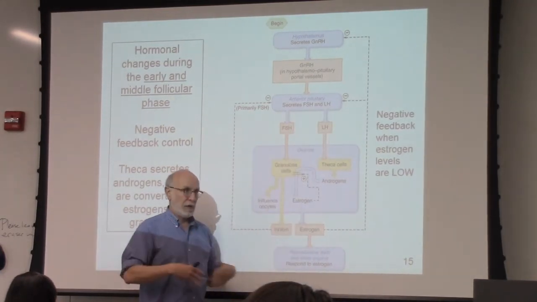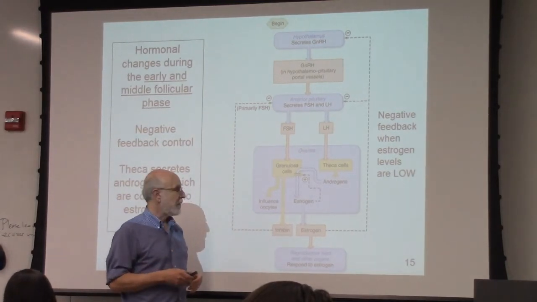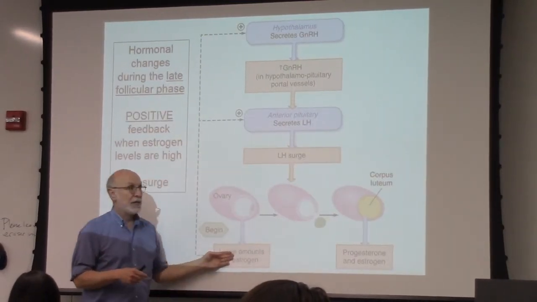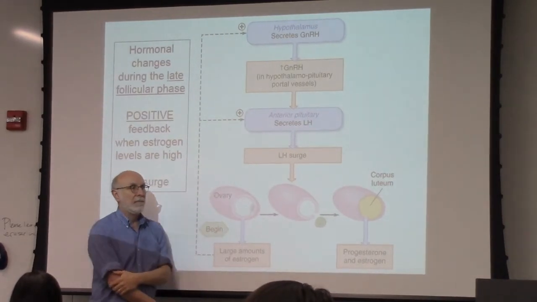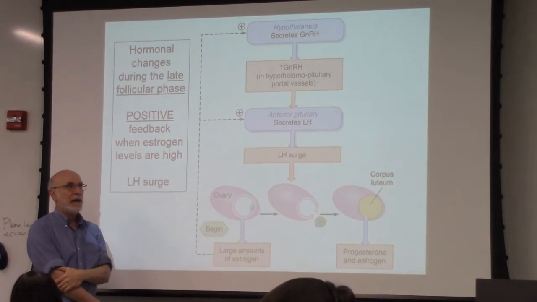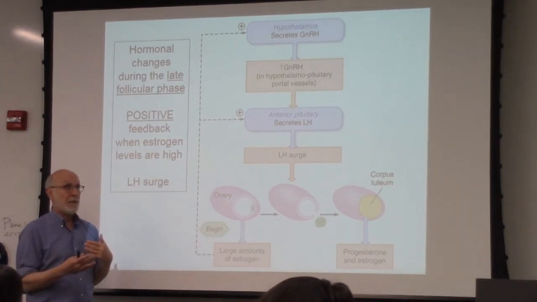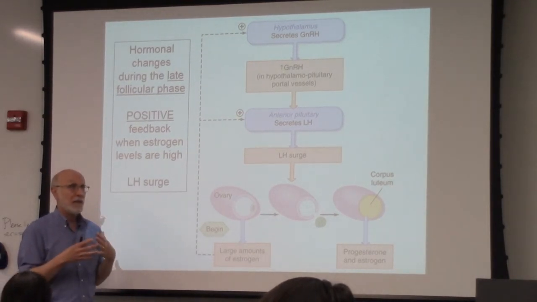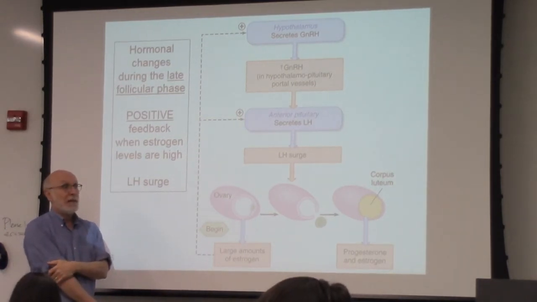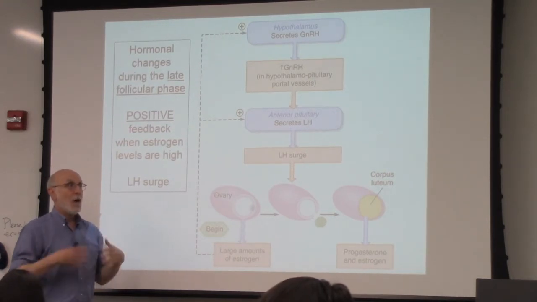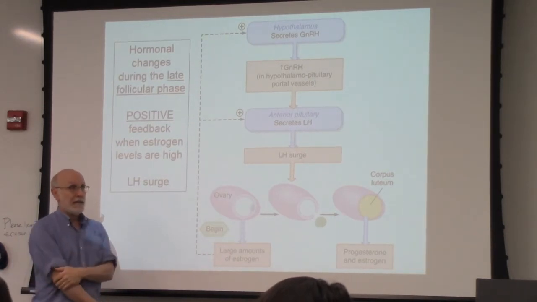But with development, more and more cells, more and more release of estrogen, high amounts of estrogen are interacting with low affinity receptors in the hypothalamus and the anterior pituitary. Those high affinity receptors and low affinity receptors are different. They trigger different genetic changes in these cells, different transcription factors, and they then say, okay, make more LH and FSH.